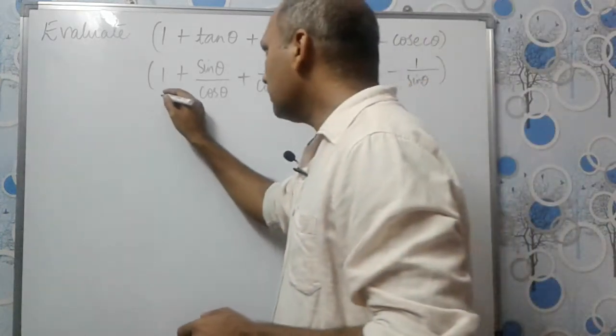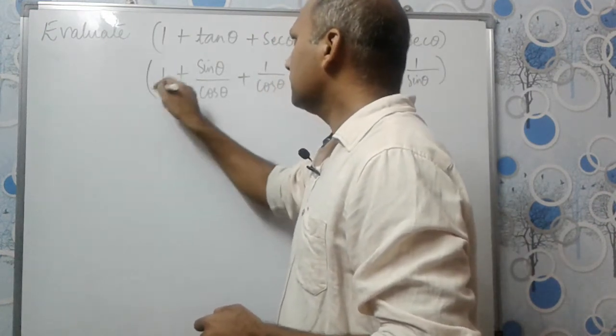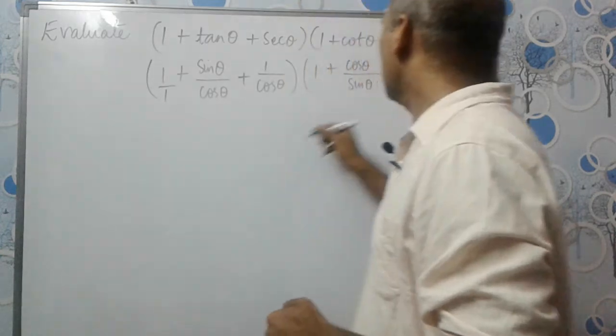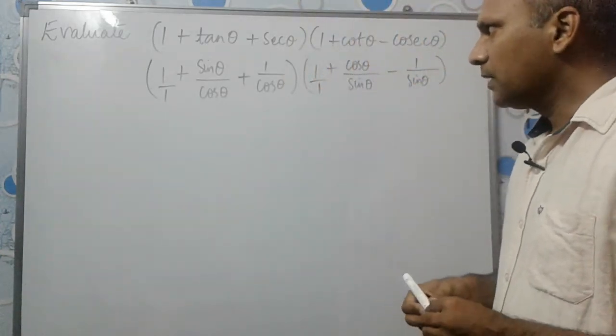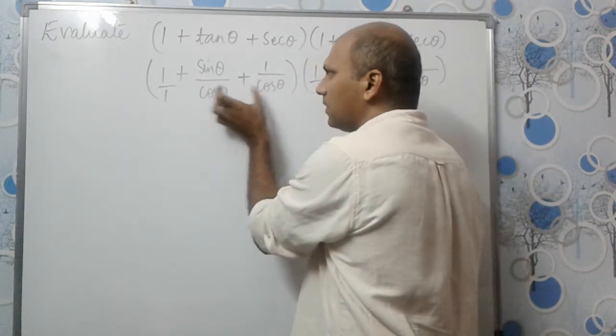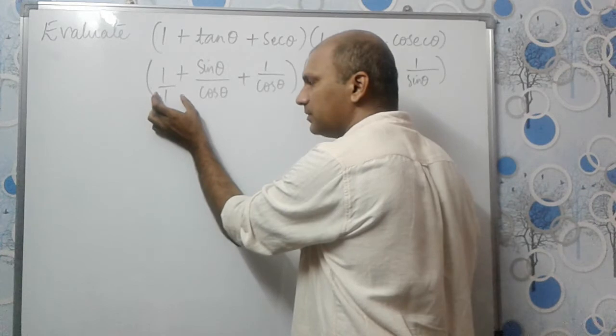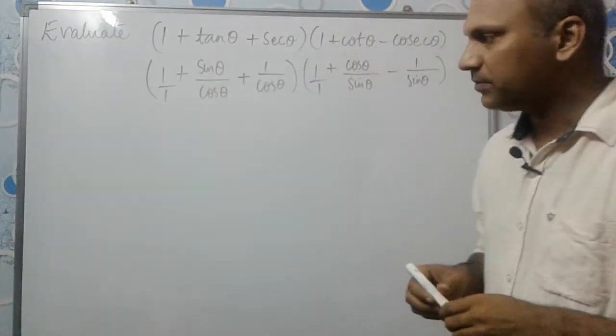Now see here, this is 1, so let us write it as 1 by 1. This also let us write as 1 by 1. Now see, here we have cos, here we have cos. If we have cos here, it will be easy for us to add the numerators, right?